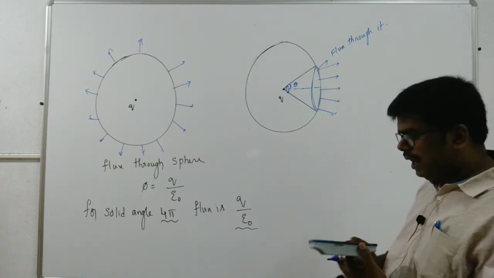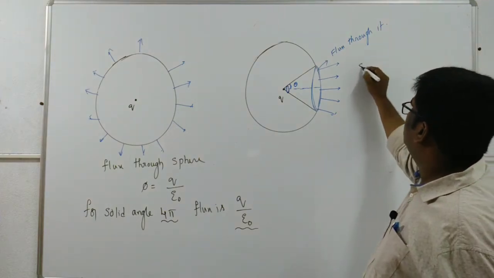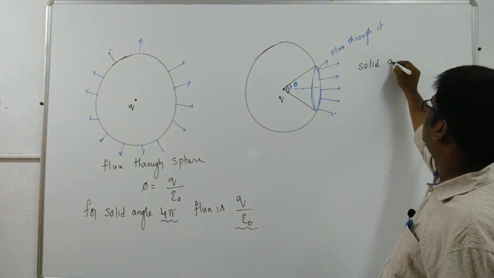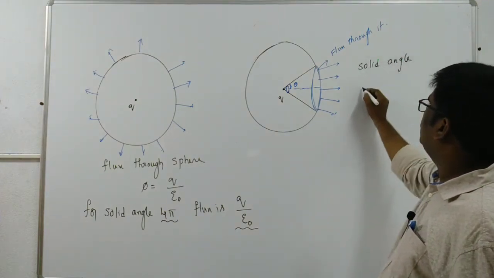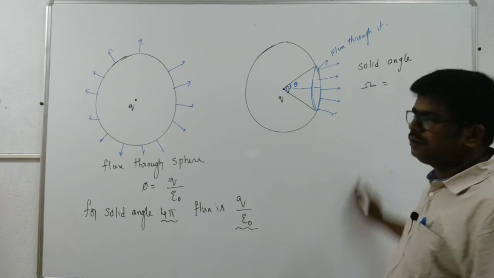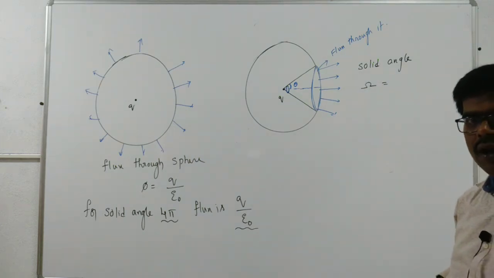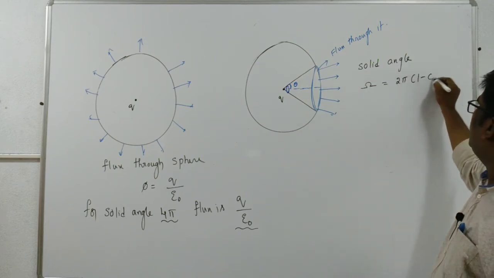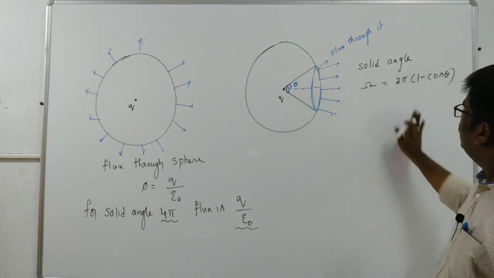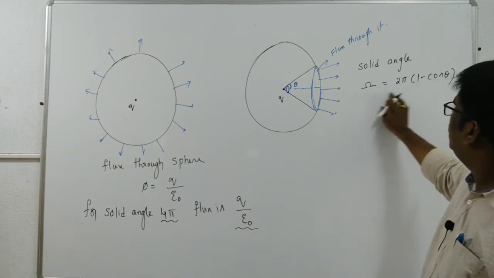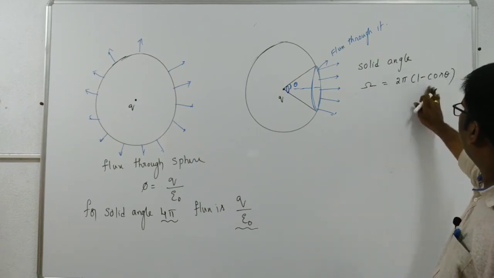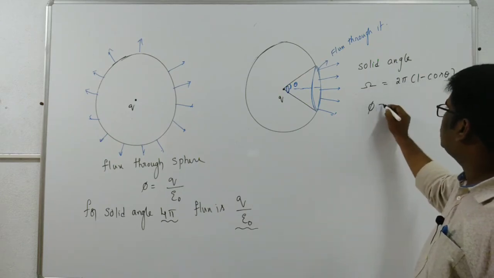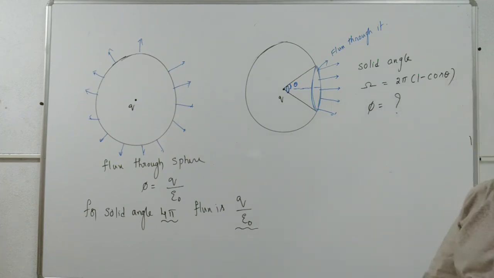What is the formula for solid angle? Omega is equal to 2 pi into 1 minus cos theta. For this solid angle, 2 pi into 1 minus cos theta, what is the flux?